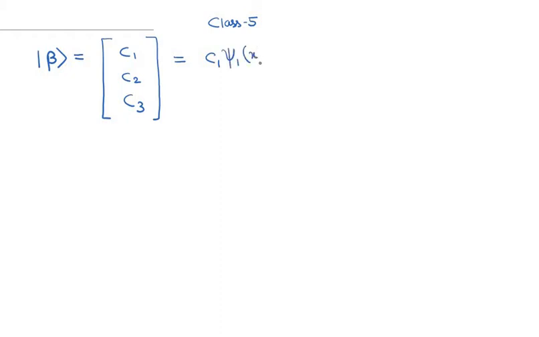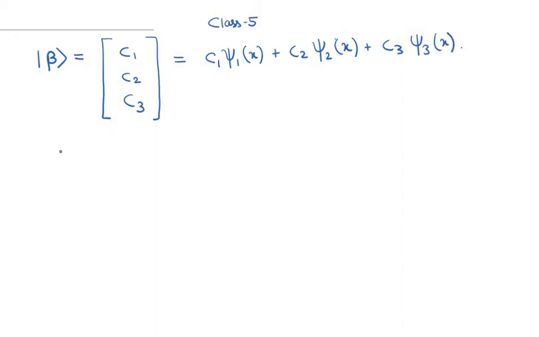Okay, so if we write this beta, which is basically the wave function, and it contains three components of the basis elements or three components of the eigenfunction space, it can be written as beta equal to C1, C2, C3, which is equal to C1 psi 1x plus C2 psi 2x plus C3 psi 3x.